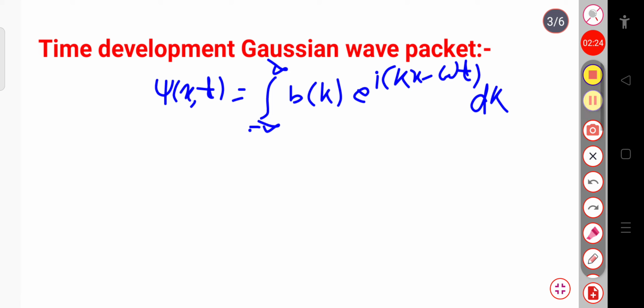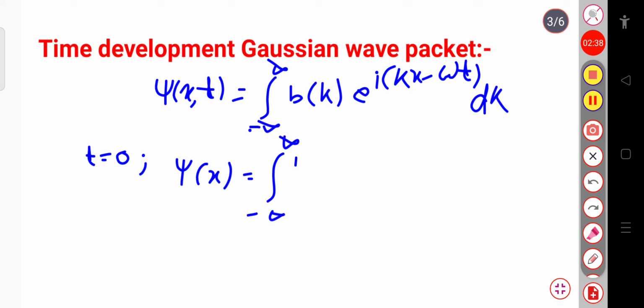Now if I put t equal to 0 in this case, then psi of x will be equal to integration from minus infinity to plus infinity of b of k, and the exponential term will be exponential i k x dk, right?